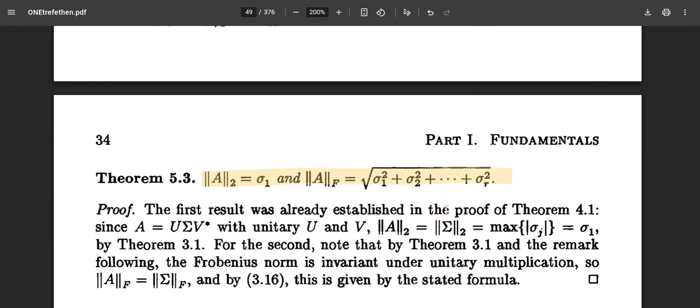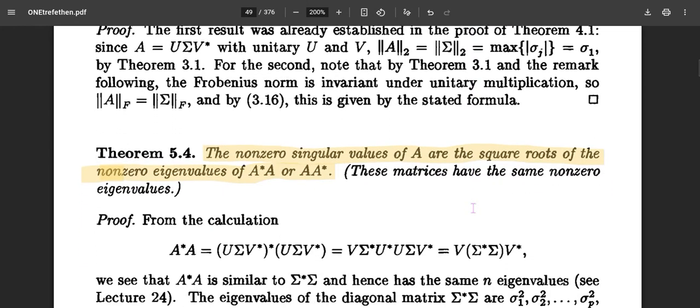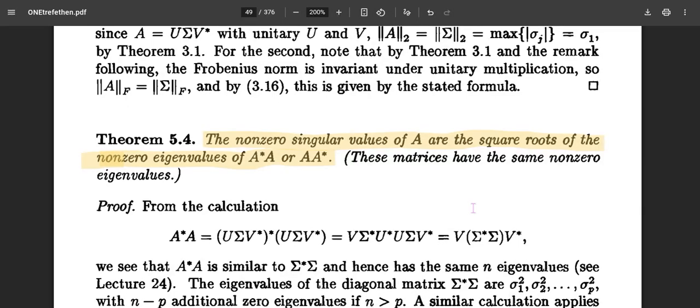For the Frobenius norm, we take the square root of the sum of squares of the non-zero singular values. The non-zero singular values of A are related to the square roots of the non-zero eigenvalues of A transpose A or A A transpose.